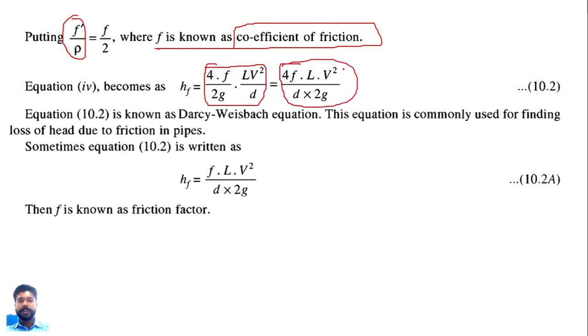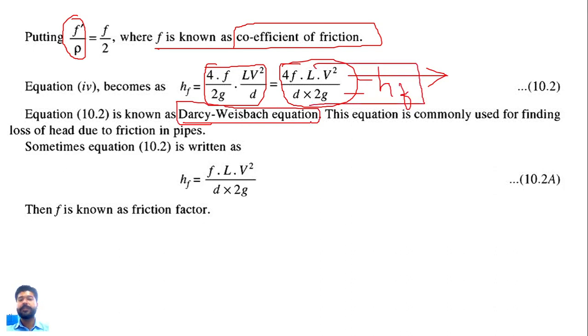So this equation is known as the Darcy-Weisbach equation. You need to remember this equation: hf equals 4 f L V squared by 2 g d, which is used for finding the loss of head due to friction in a pipe.